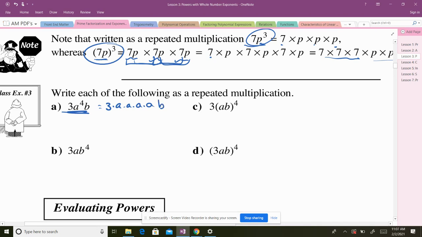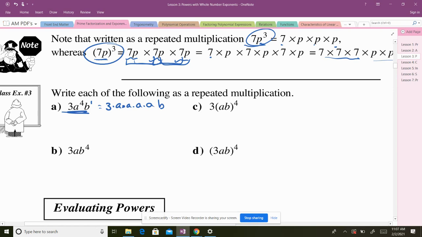If there's no number written as an exponent, what number's there? 1. I will never write it, but be aware that if there's no number written, it's just an exponent of 1. They're being multiplied 3 times.